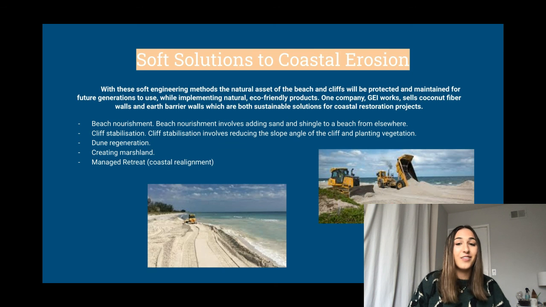One company that I found called GII Works sells coconut fiber walls and earth barrier walls, which are both sustainable solutions for these coastal restoration projects. Other examples include beach nourishment, cliff stabilization, dune regeneration, creating marshland, and managed retreat or coastline realignment. And both the images on the bottom are examples of soft solutions to combating coastal erosion in their beach communities.